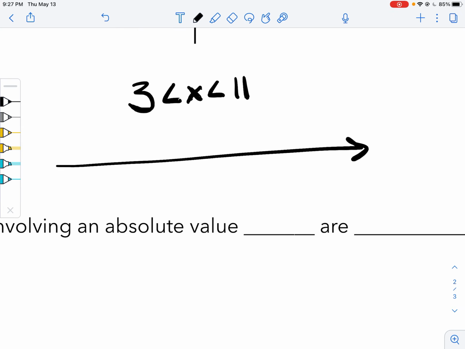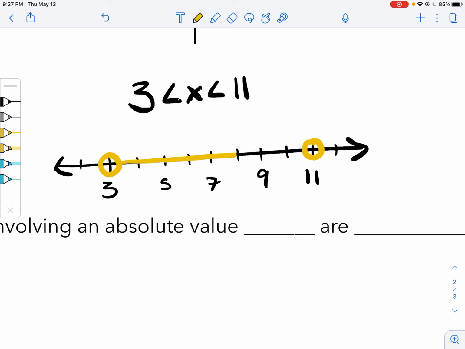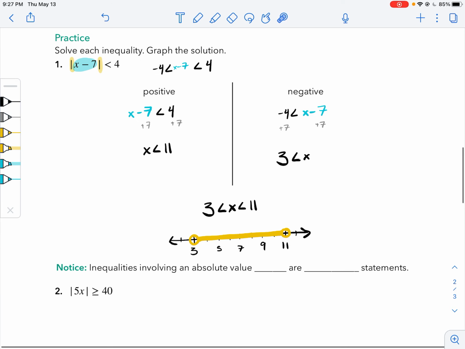So if we were to graph all the numbers, we have 3, 4, 5, 6, 7, 8, 9, 10, 11, 12. So we have open circles at these guys, and we are highlighting what comes between them because the distance of this number is closer to 0.